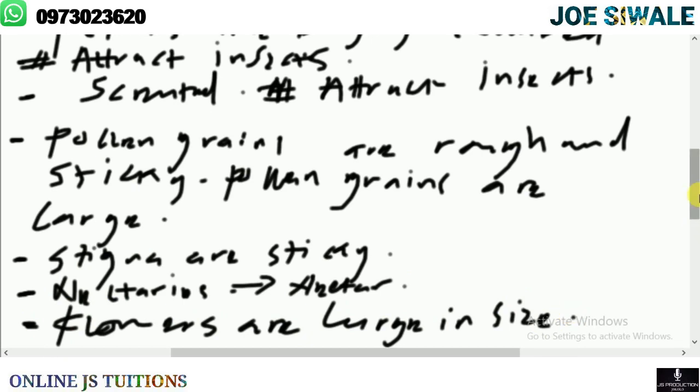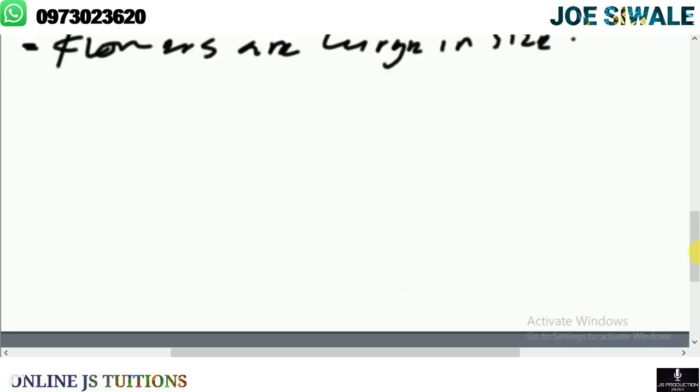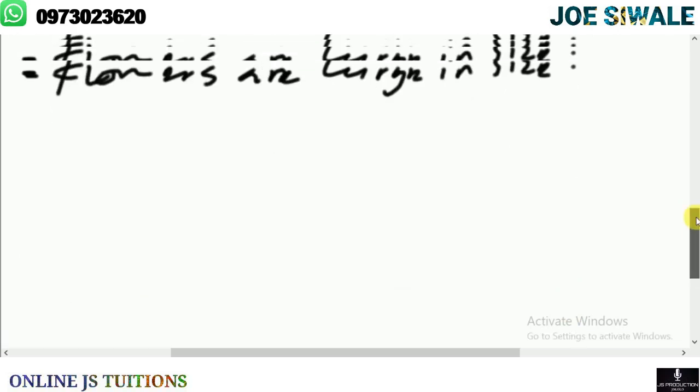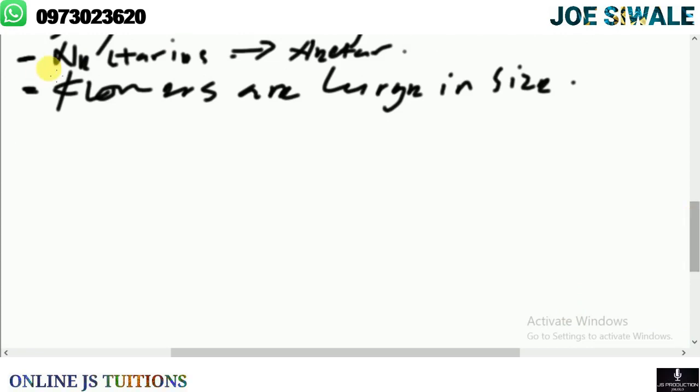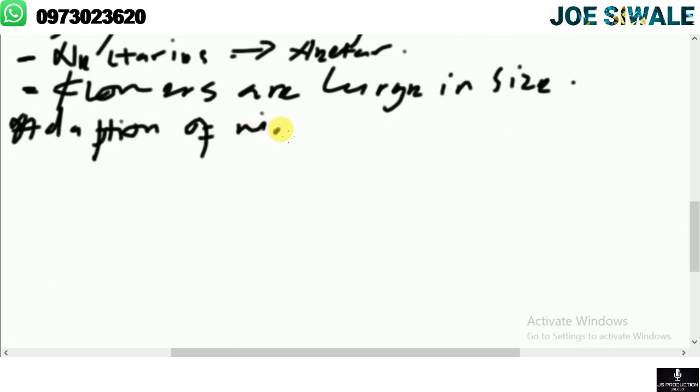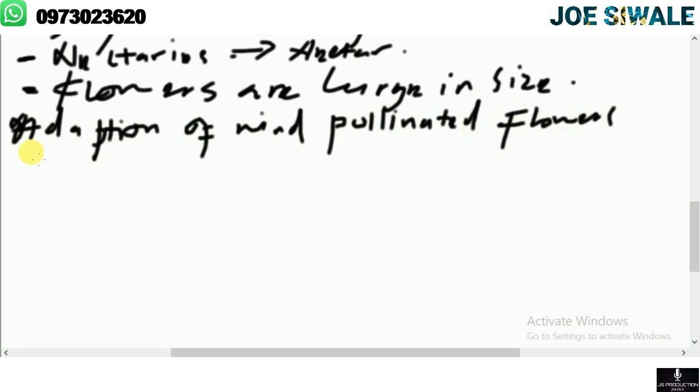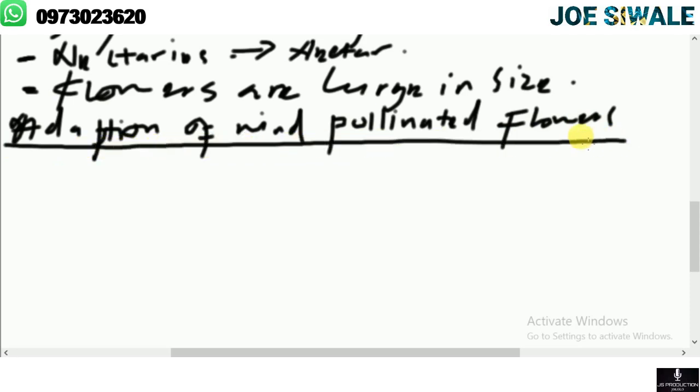Let us look at the adaptations of wind-pollinated flowers. So the adaptations of wind-pollinated flowers are just the opposite to those of the insect-pollinated flowers.